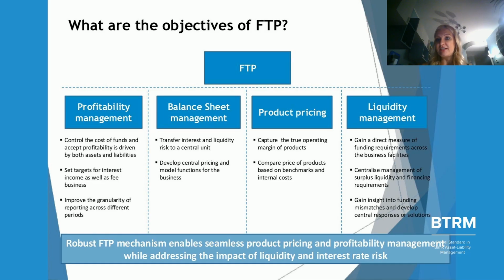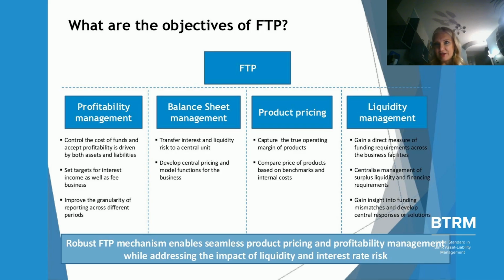So this is where you gain insight into the funding mismatches, and you can therefore develop central responses or solutions. This is why it is important to have it central. So just 4 purposes of FTP in the balance sheet management, but it's not the only one.